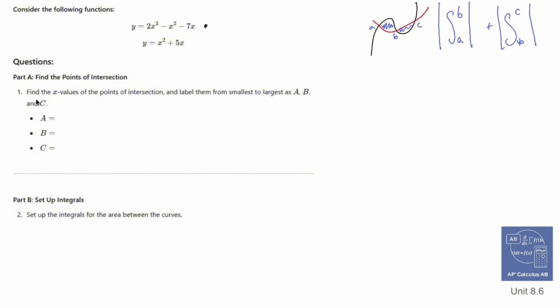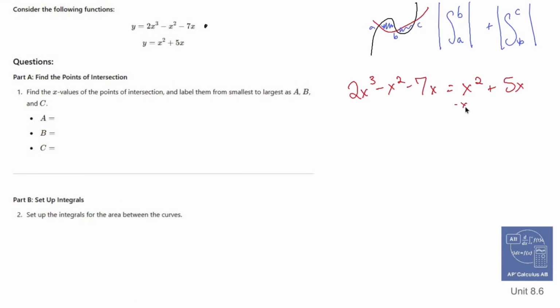So step one is find the x values of the points of intersection and label them from smallest to largest, A, B, C. So we're going to walk through this process step by step. The way you find the points of intersection is you set the two equations equal to each other. 2x cubed minus x squared minus 7x equals x squared plus 5x. Okay.